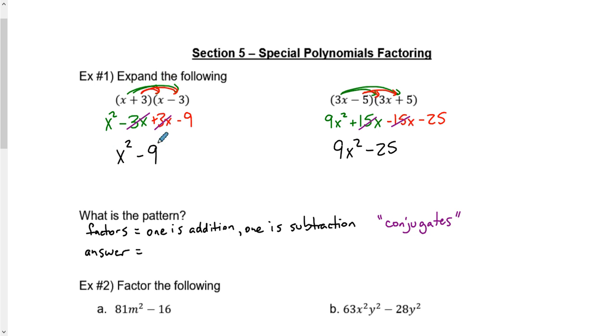Both the first term and second term are squares. 9x squared is 3x and 3x. 25 is 5 and 5. Both terms are squares.